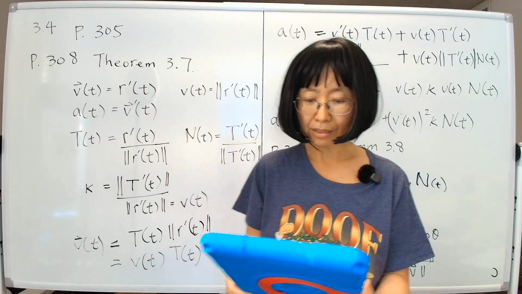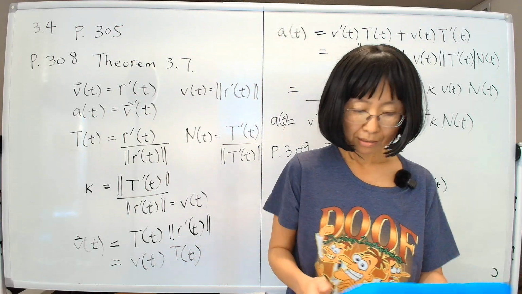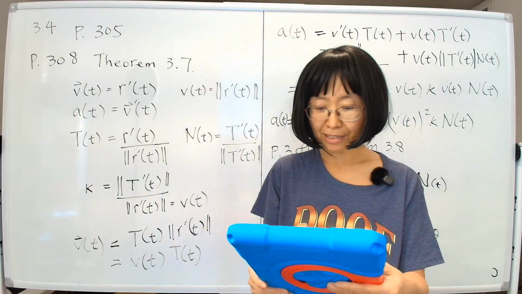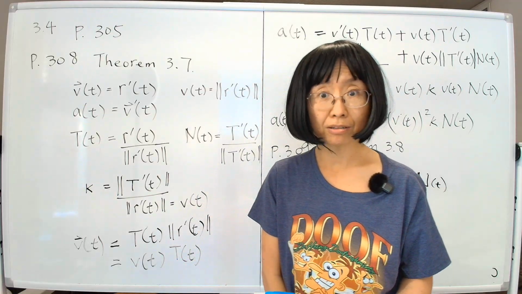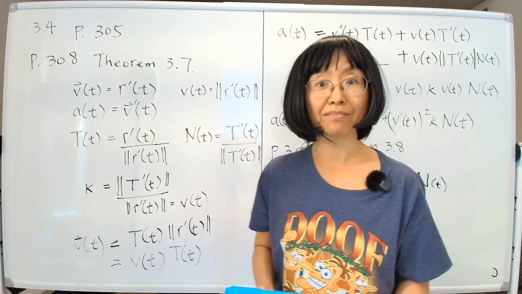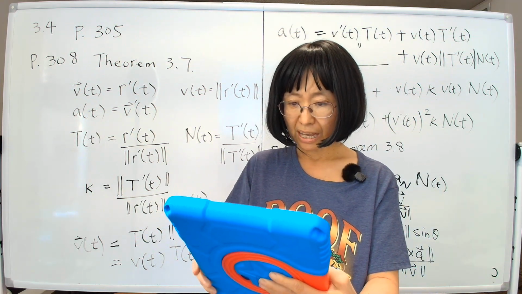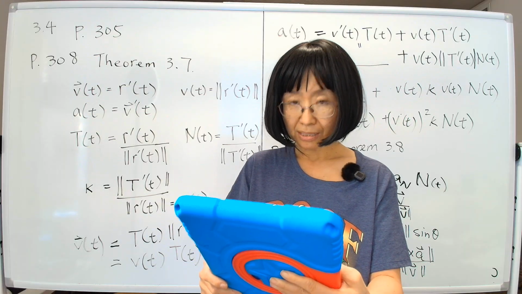And next, let's look at projectile motion. Projectile motion is the same thing we've done in Calculus 1 and maybe even Calculus 2, I would say five different times of doing the exact same thing. And here nothing's different.